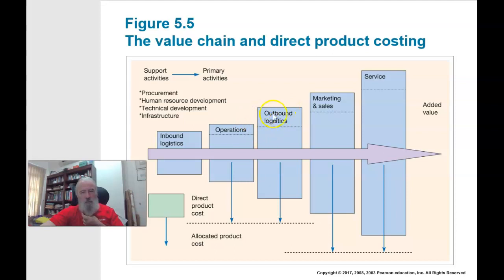Then you've got to ship it out to the customers, the retailers, the marketing channels. Then you've got your marketing and sales overhead, how you're going to promote it and sell it. And then you may have the service element when it's faulty or has to be returned. And at each point, the costs go up, which is why each one of these bars is getting bigger. So you're adding value, but the cost is getting bigger too.